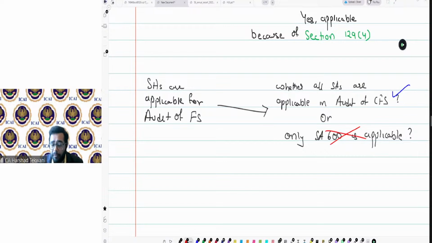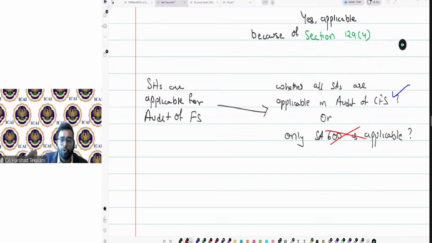The word financial statement only specifies, if you see the definition of section 2, subsection 40, it gives the name of the statement. Financial statement includes, but there also it has not specified whether standalone or consolidated financial statement.